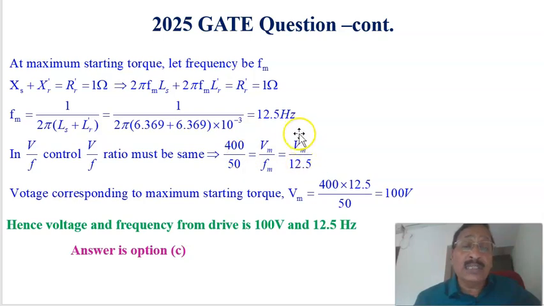From this equation, the only unknown is the voltage corresponding to the maximum starting torque, which is 400 into 12.5 divided by 50, or equal to 100 volts. Hence the voltage and frequency of the drive in order to get maximum starting torque is 100 volts, 12.5 hertz. Therefore, the answer is option C.